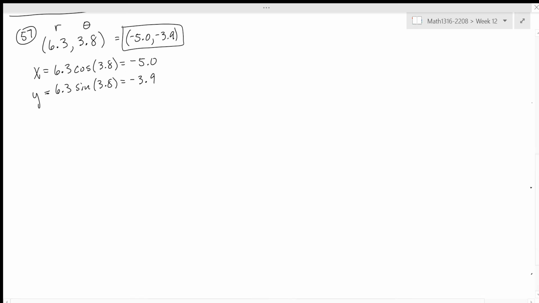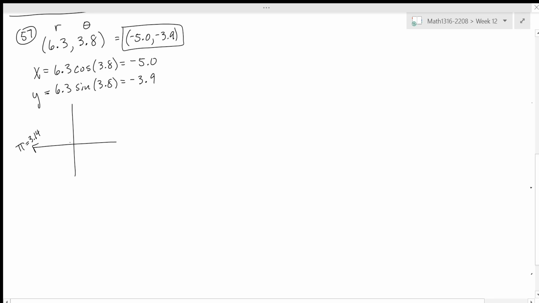And we're going to check to see if they plot in the same spot, okay? So how many people remember from their unit circle that all the way from 0 over to here is pi? Do y'all remember that pi is 3.14? So is 3.8 bigger than 3.14?